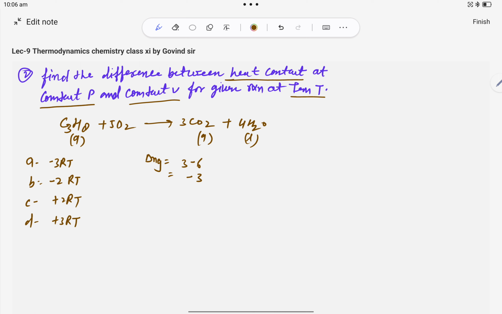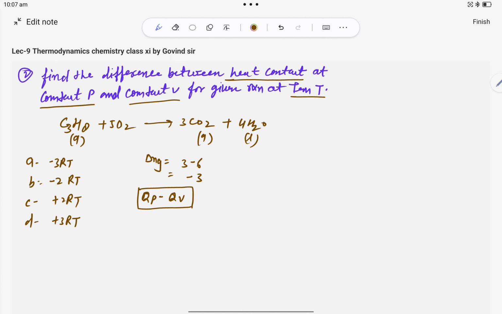Then heat content is what? Qp minus Qv. Okay, the difference they are asking is the value of Qp minus Qv.